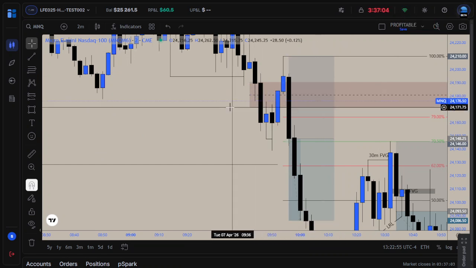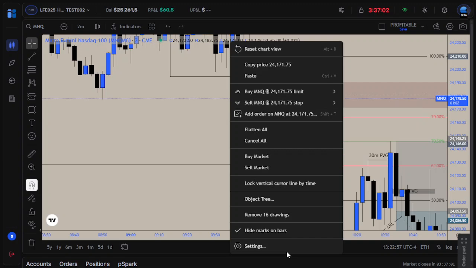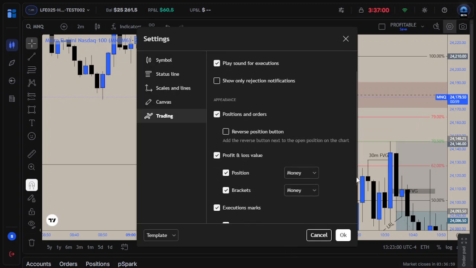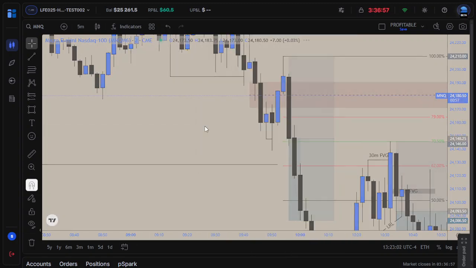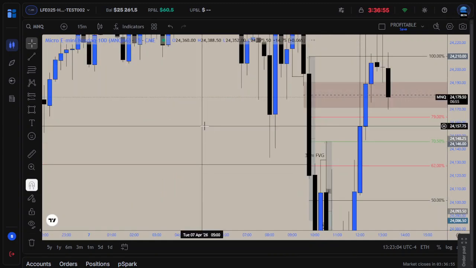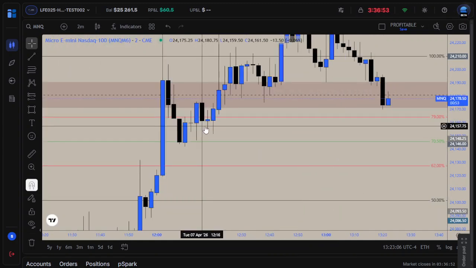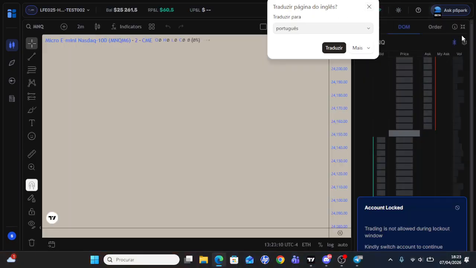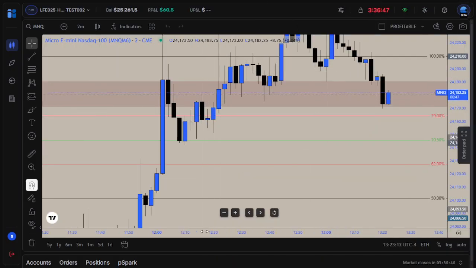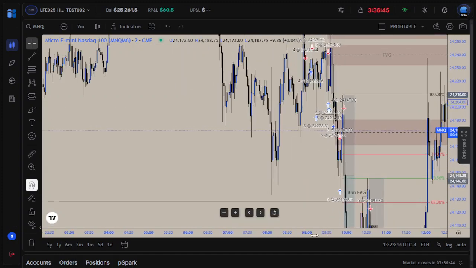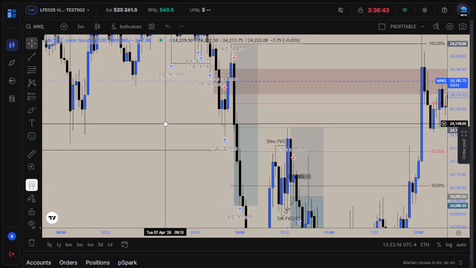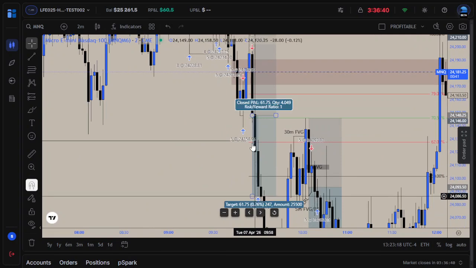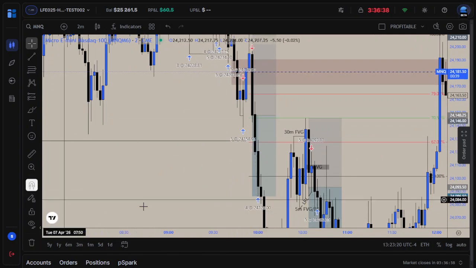Yeah, so we got the 2 minute inversion there. Why can I see my executions? Okay, we got the 2 minute IFG there, and I closed all the way up here just at the draw.